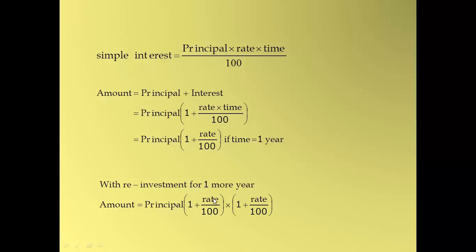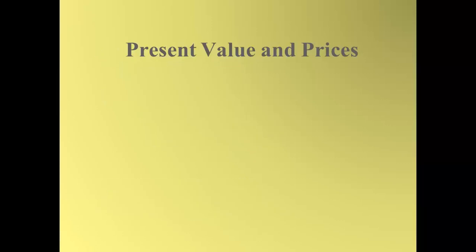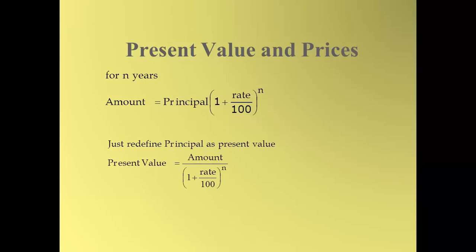So it becomes principal times 1 plus rate by 100 to the power 2. Now if we keep on doing this for n years, the amount will be principal times 1 plus rate by 100 to the power n. If we just redefine principal as present value and amount as the future value, then we have present value equals future value divided by 1 plus rate to the power n.